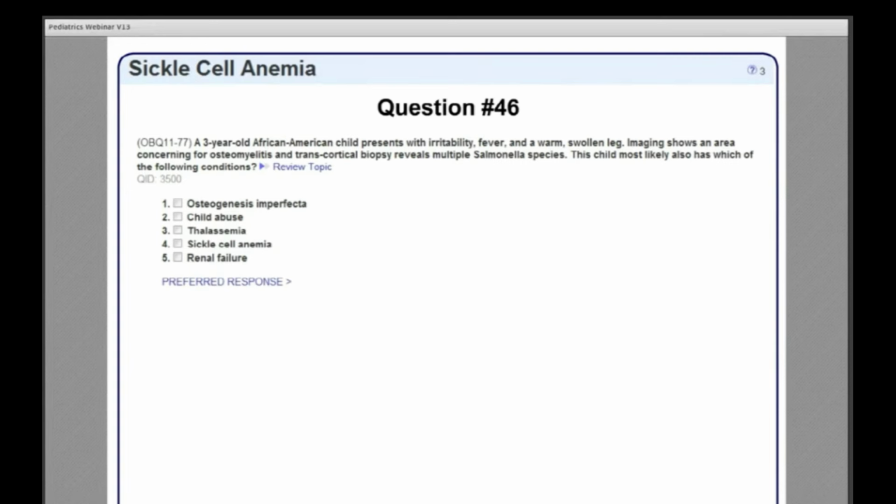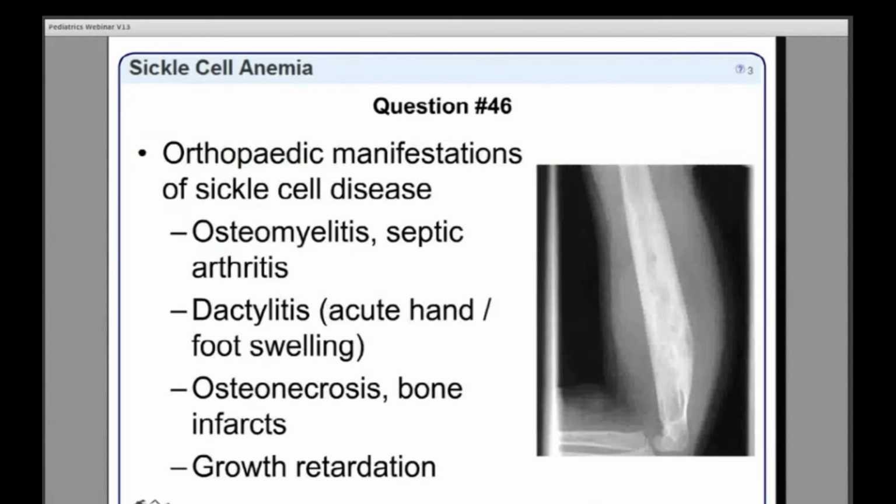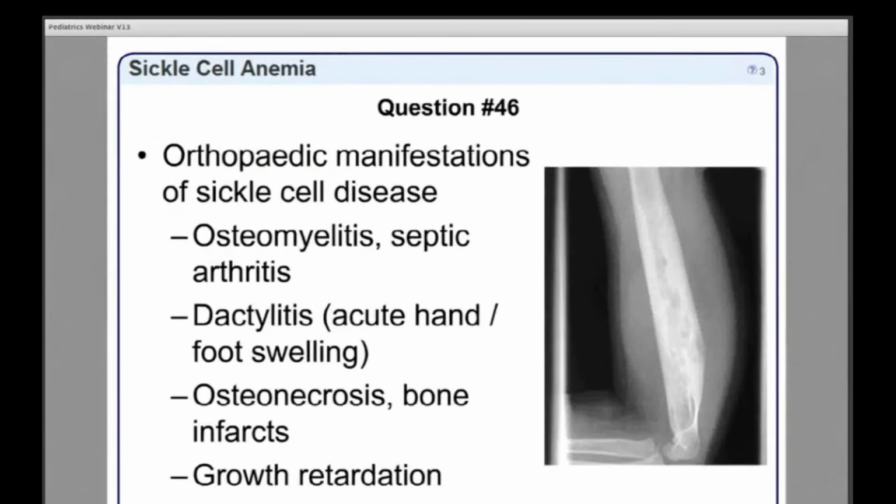This child most likely also has which of the following conditions? This question requires you to know the orthopedic manifestations of sickle cell disease. These include osteomyelitis, septic arthritis, dactylitis, which is acute hand and foot swelling, osteonecrosis, bone infarcts, and growth retardation.